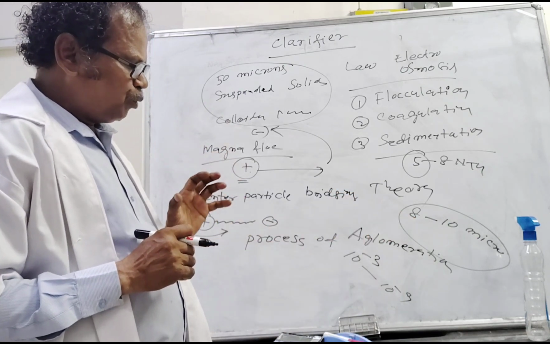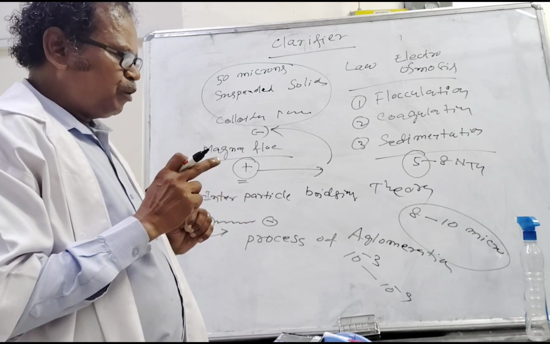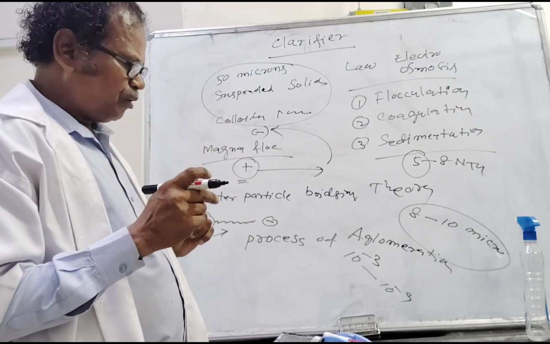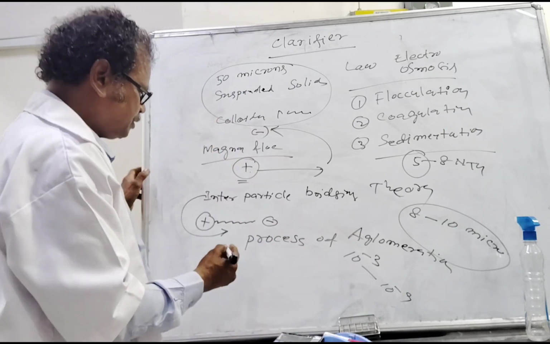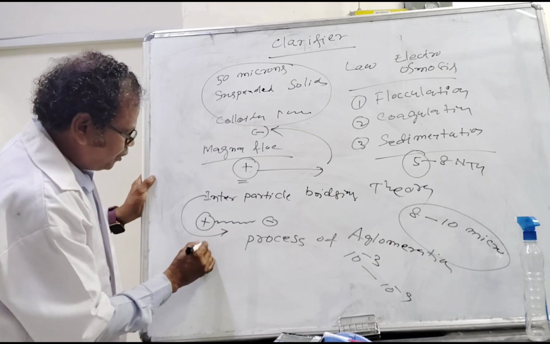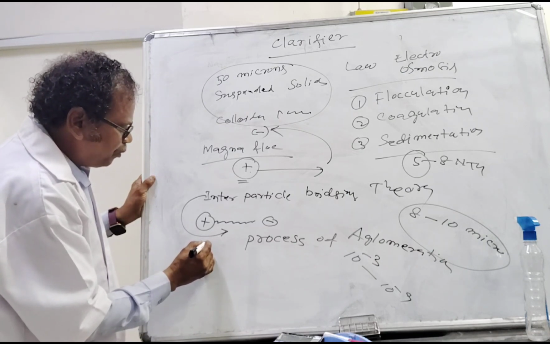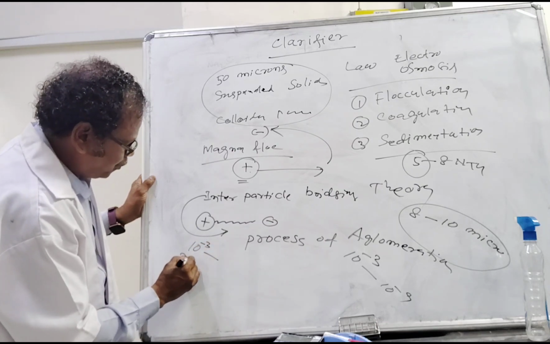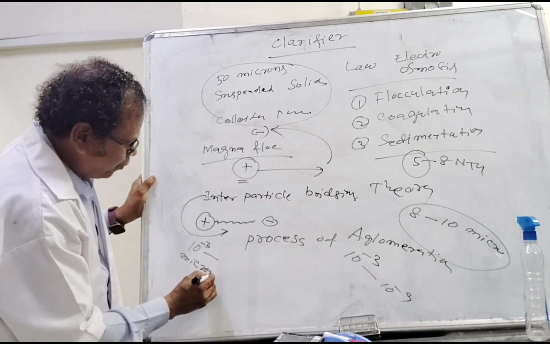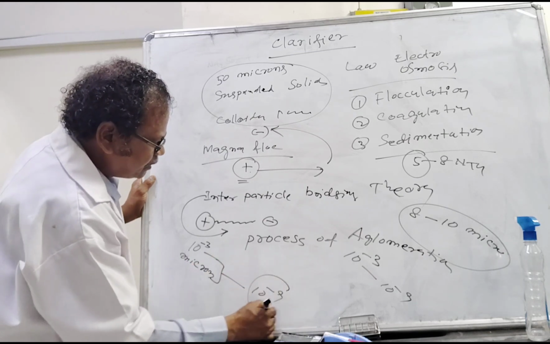When it goes through alpha cellulose, it converts from micron to nano, 10 to power minus 9.